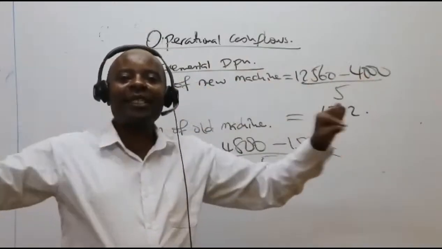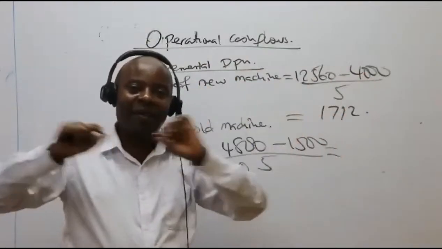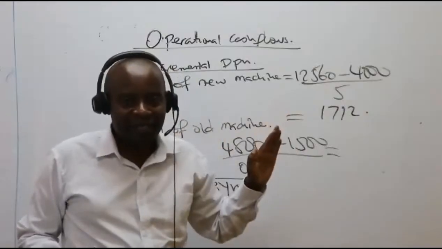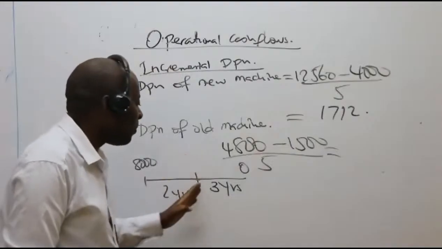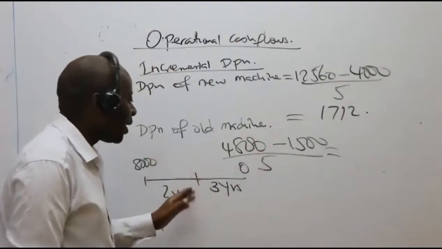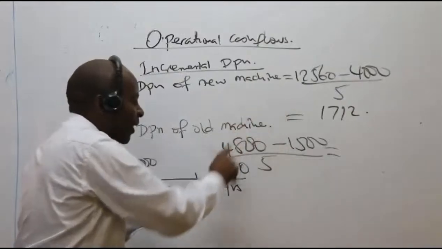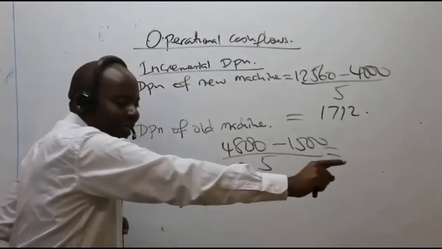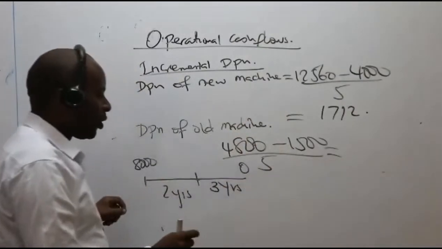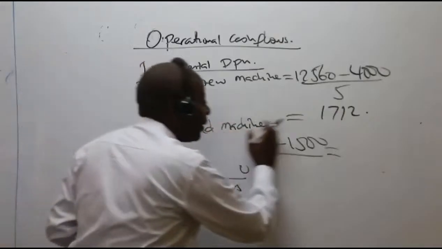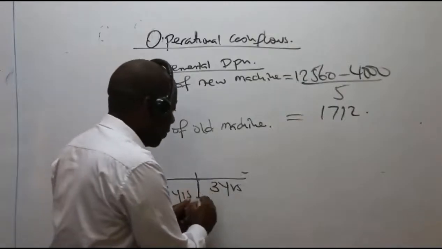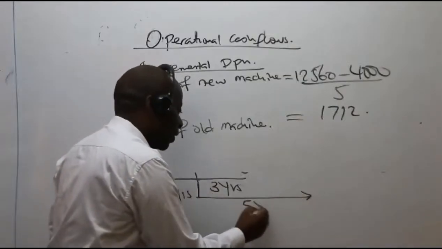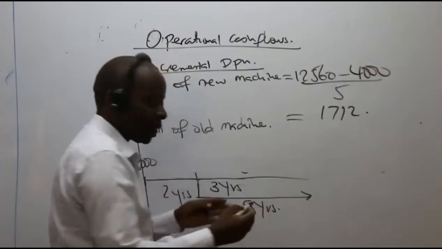The remaining running period for the two machines must be identical. Because the old machine's period is 3 years instead of 5 years, we have to get a way of elongating it. We have to revalue it. So in terms of revaluing this, we got to find an estimated 5 more years.